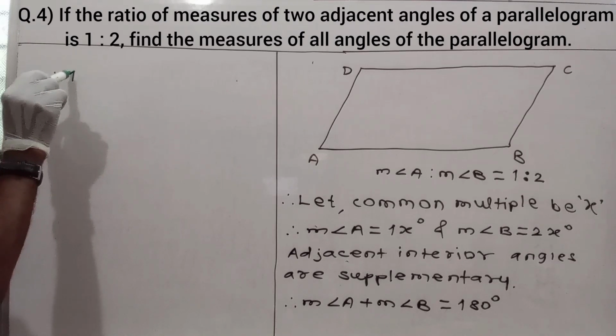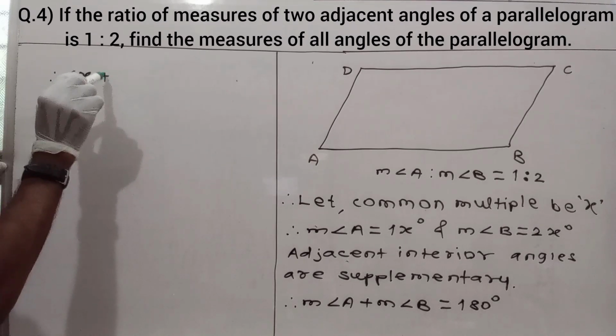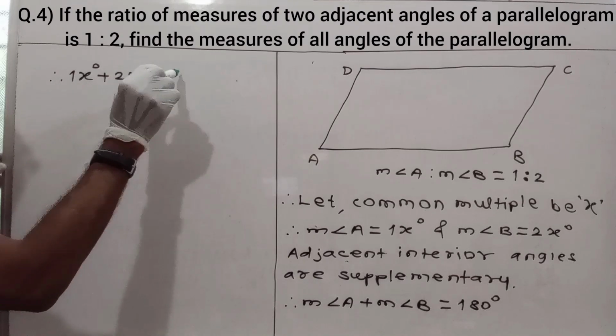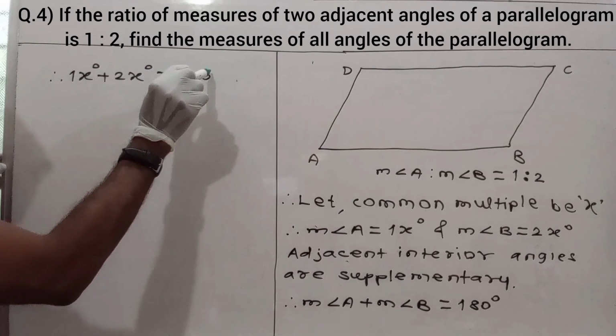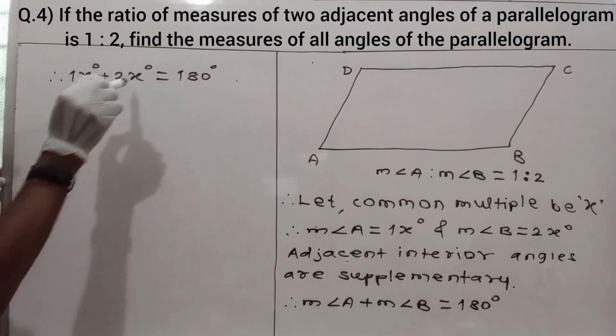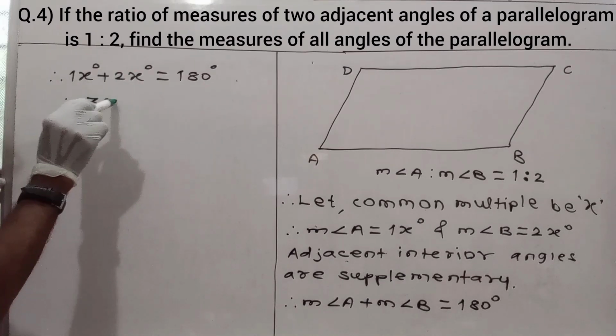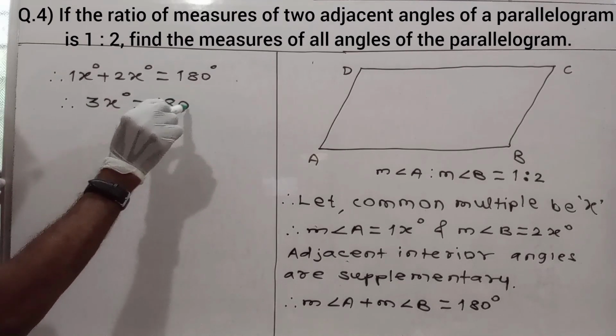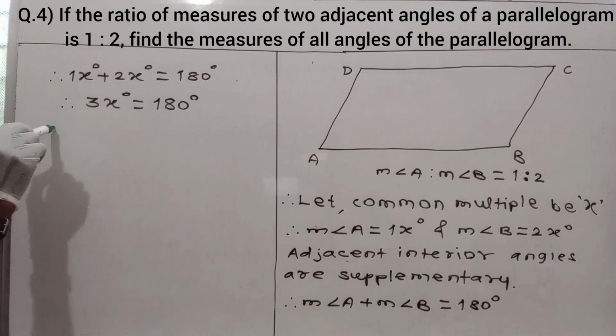Now we put values of measure angle A and measure angle B. Therefore, we obtain 1x degree plus 2x degree is equal to 180 degree. Therefore, 1x plus 2x, 3x degree is equal to 180 degree.